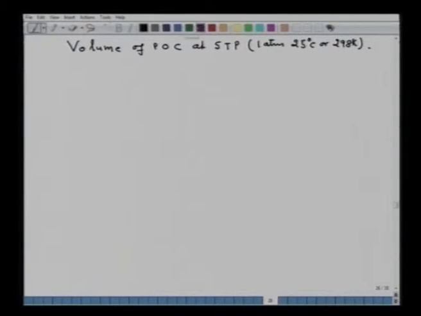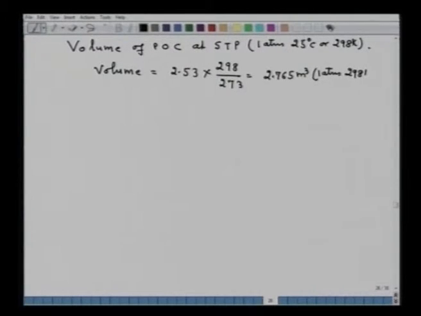So, the volume of POC here, that will be equal to 2.53 into 298 upon 273, and that is equal to 2.765 meter cube. This volume is at 1 atm and 298 Kelvin.